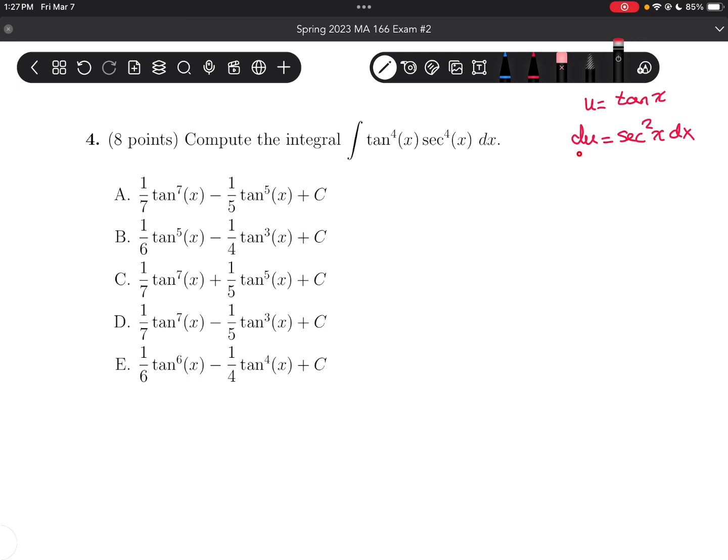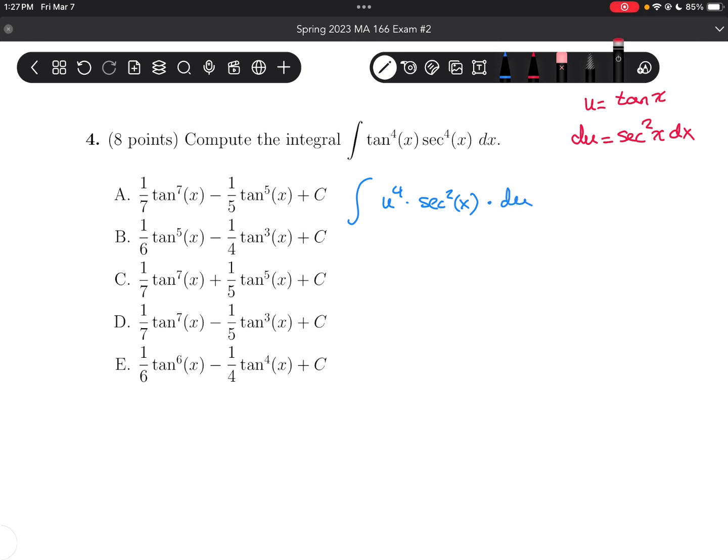You also have to calculate du, and now we can replace our original expression with these two elements, and hopefully that will simplify our problem. So if I plug this in, I get u to the power of 4 times secant squared x times du.